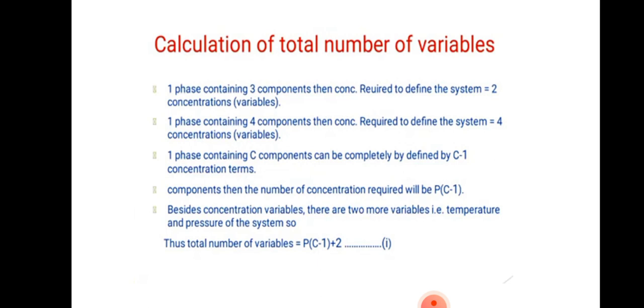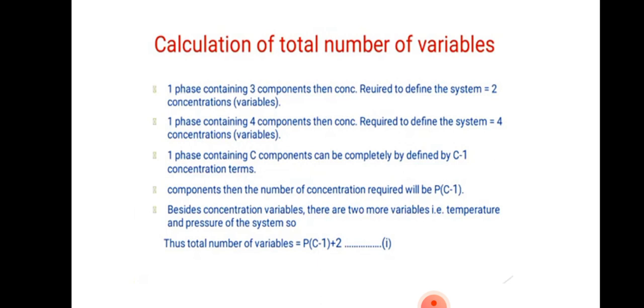So a phase containing C components can be completely defined by C minus 1 concentration terms. If we have P number of phases, then the concentration terms required will be P into C minus 1. This is all about the concentration.